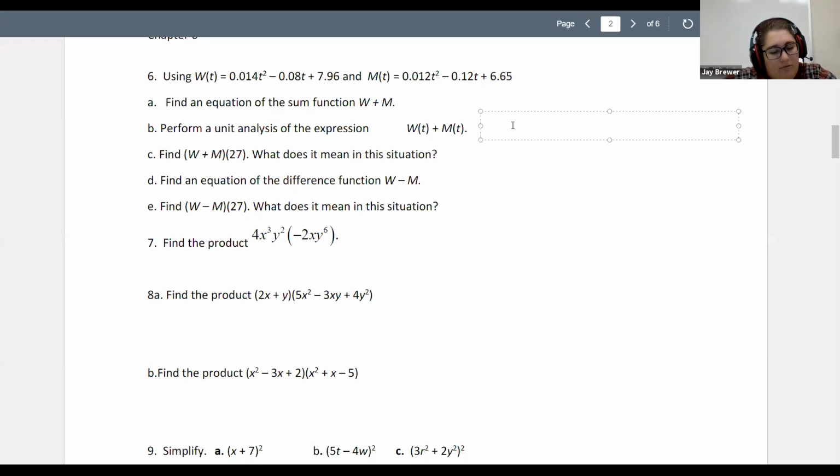If we were to perform a unit analysis on the expression w of t plus m of t, does anyone have an idea of what that would be? My guess is this is coming from a PowerPoint slide, so I'm just going to give it to you.